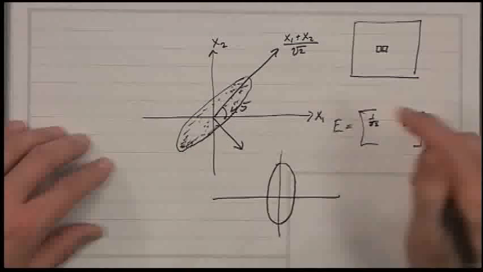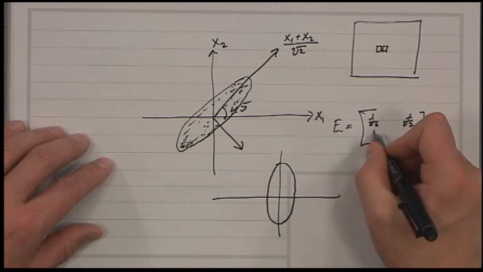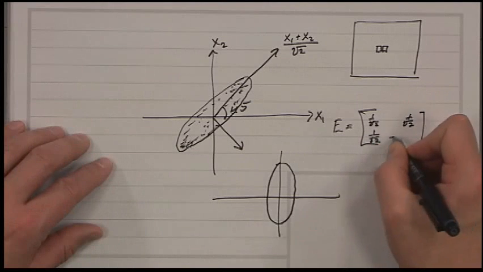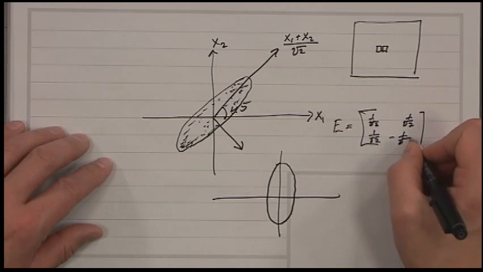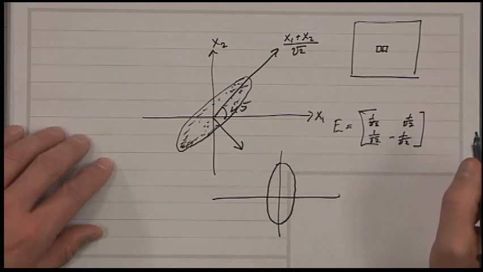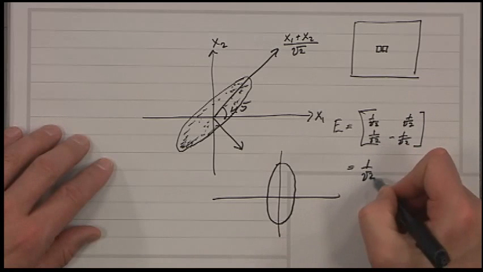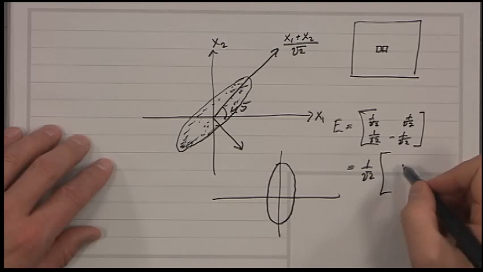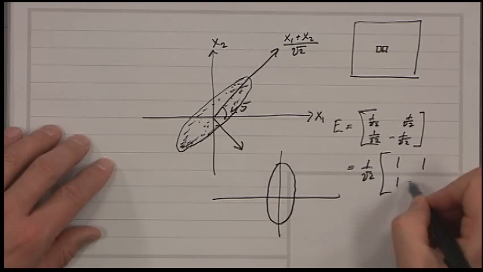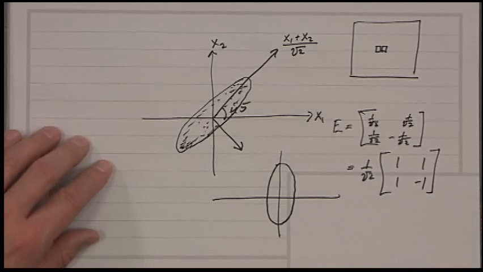And this will be 1 over the square root of 2, minus 1 over the square root of 2. So basically, this is equal to 1 over the square root of 2 times a matrix which is 1, 1, 1, minus 1. So that is the orthonormal transform. That is the eigentransform for decorrelating a pair of pixels.